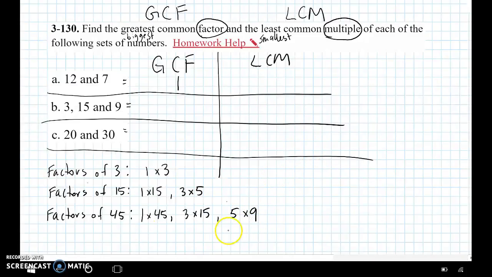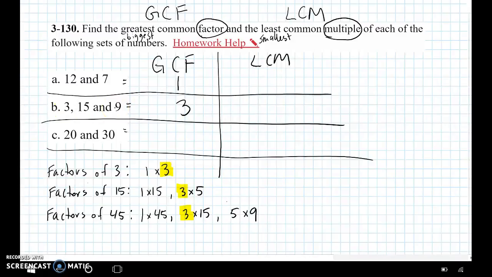And that is all. So, out of each of these, what factor do they share? 5 is a factor of 45, and 5 is a factor of 15. Is 5 a factor of 3? No, it is not. So what is the greatest common factor between all of them? It is 3. The greatest common factor between the three numbers here is 3.